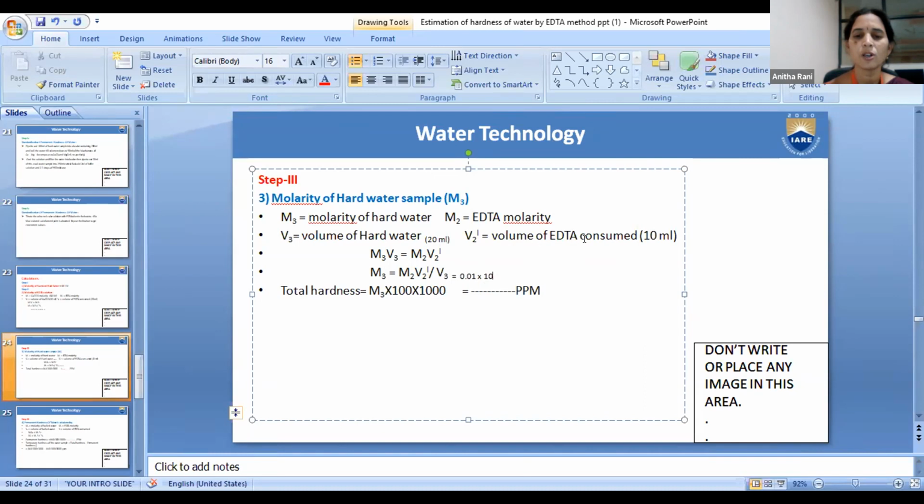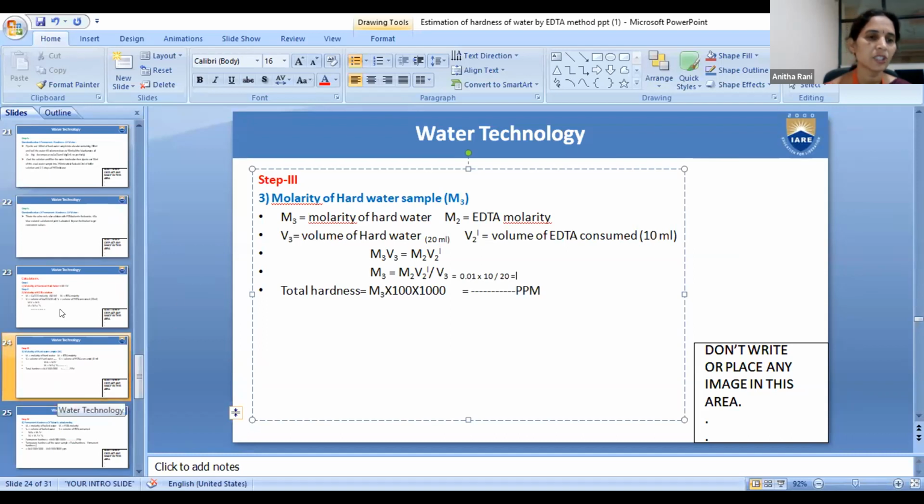V2 means volume of EDTA consumed. V3 is how much we are taking? 20 ml hard water, so write 20. So 0.01 into 10 by 20. So how much you are getting? That is M3, molarity of hard water sample.